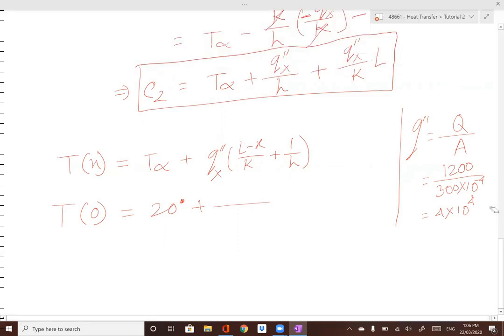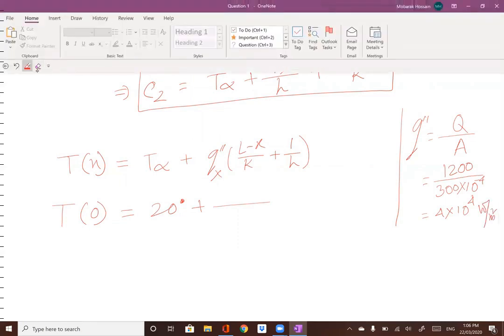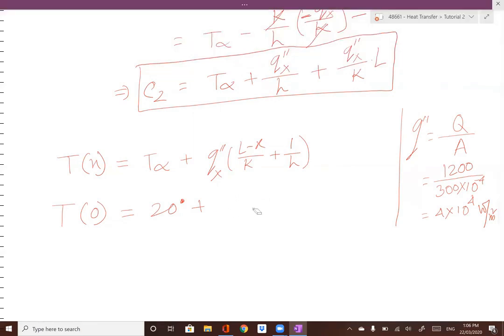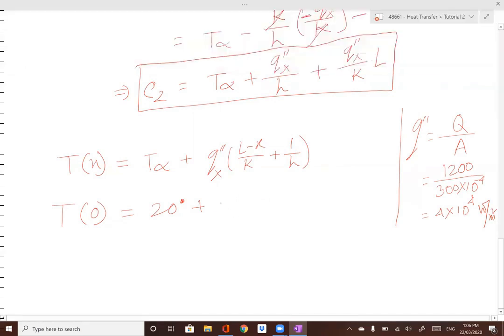So the heat flux is 4 times 10 to the power positive 4 watt per meter square. Now the length, meaning the thickness of the plate, is given as 0.5 centimeter.